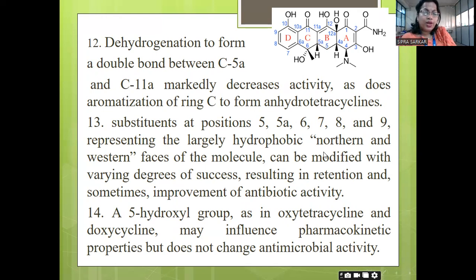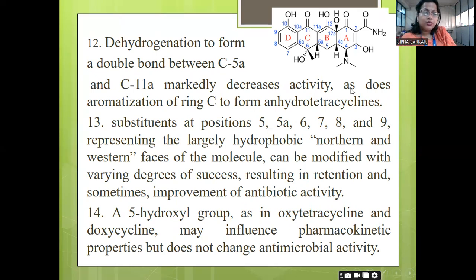Substitution at the positions 5a, 6, 7, 8, and 9 represents the largely hydrophobic northern and western faces of the molecule.